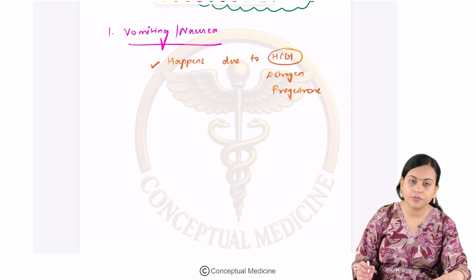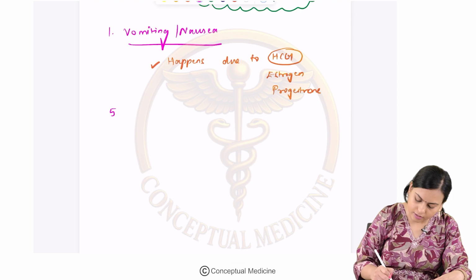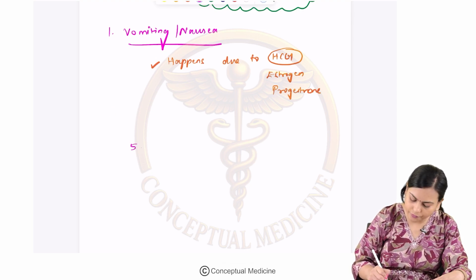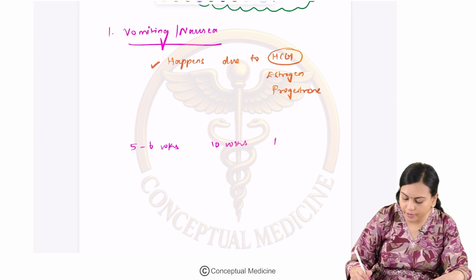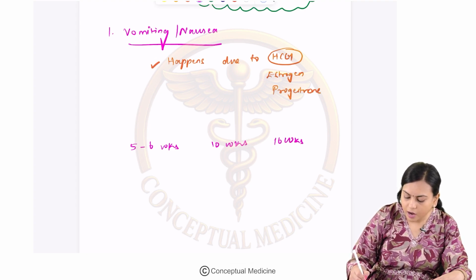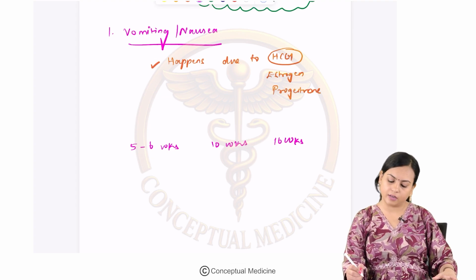We all know that this nausea and vomiting starts around 5 to 6 weeks of gestational age, peaks around 10 weeks, and then reduces.